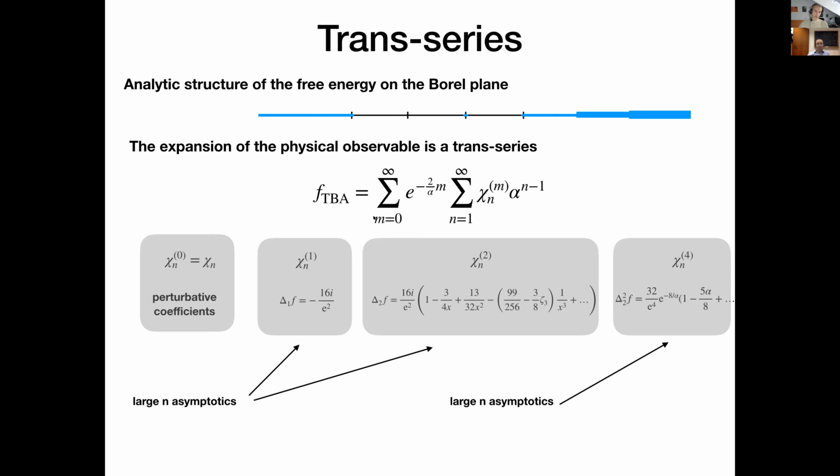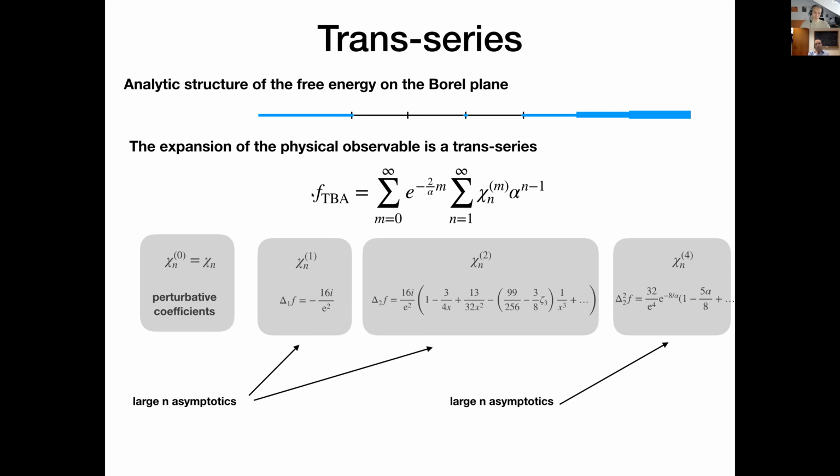So what is the structure of the final result expected? This is like TBA, the physical quantity we calculated. This should be a double expansion, so it's like a transseries. One expansion is the perturbative coefficients. But every perturbative expansion is multiplied with some exponential factor. From the first few terms, it seems like this.